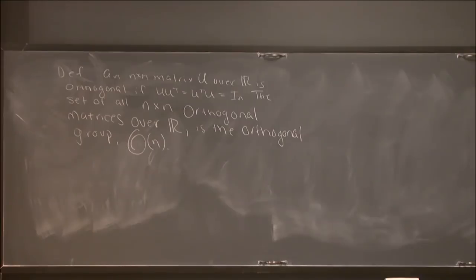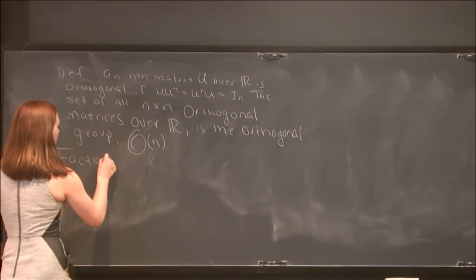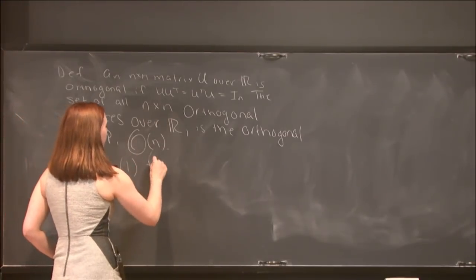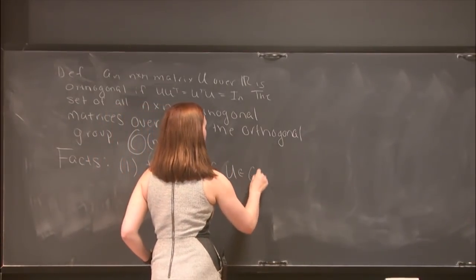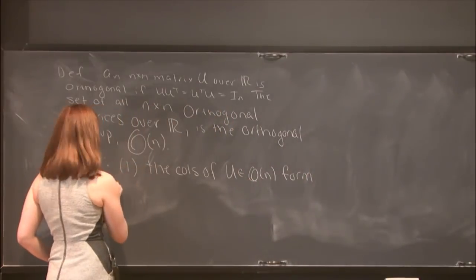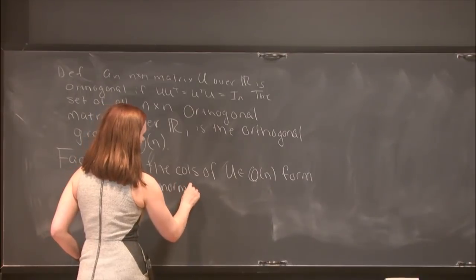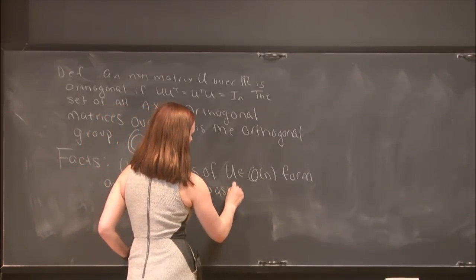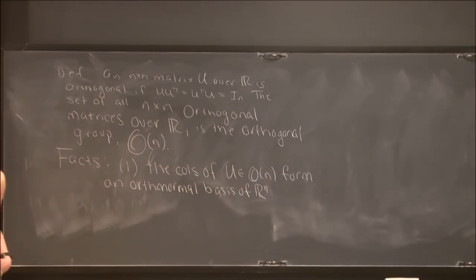So a couple facts about the orthogonal group that'll come in handy for us. The first fact is the columns of a matrix U in the orthogonal group form an orthonormal basis for Rn. Secondly, if we have an orthogonal matrix, it acts as a linear isometry on Rn.